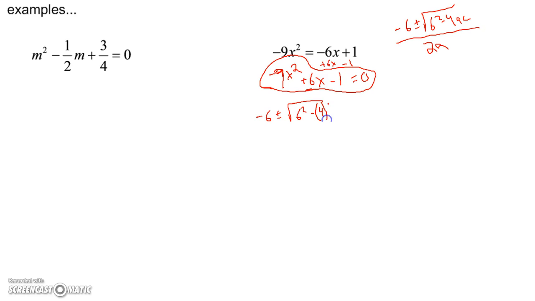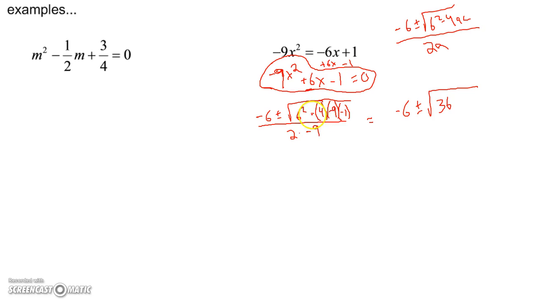I take my 4 multiplied by my a, which is minus 9, multiplied by my c, which is minus 1. And this whole thing is over 2 times minus 9. This I can rewrite as minus 6 plus or minus square root of 36, that's just 6 squared.